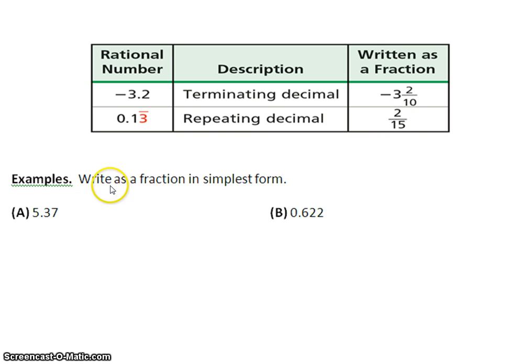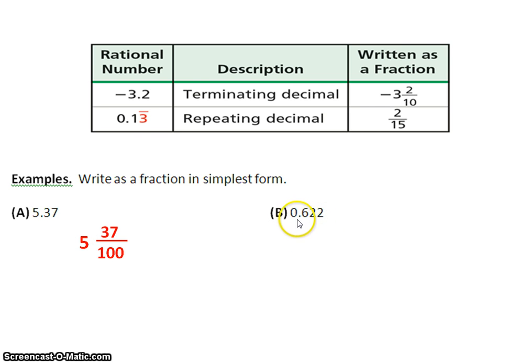In these two examples, we're going to write these as fractions in simplest form. 5.37. Now this one we're going to write as a mixed number as 5, and then the 0.37 would be 37 hundredths. So simply 37 over 100. In example B, we have 0.622.